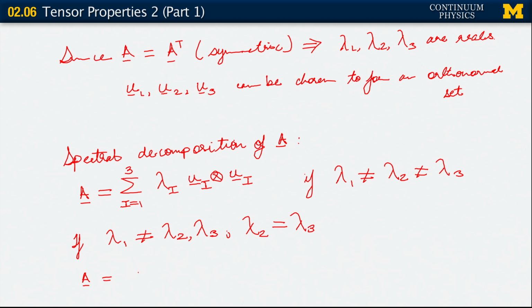We can write A as lambda 1 u1 tensor u1 plus lambda 2, or lambda 3 because they are the same, times our tensor 1 minus u1 tensor u1. Okay? All right, this is if two of the eigenvalues are repeated.